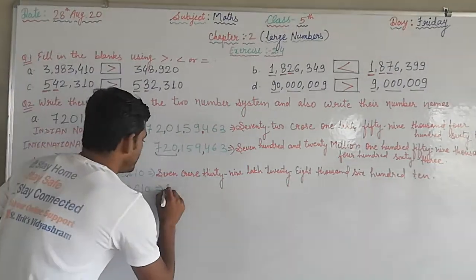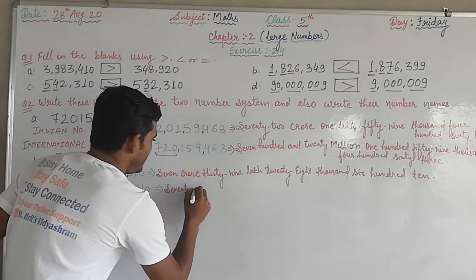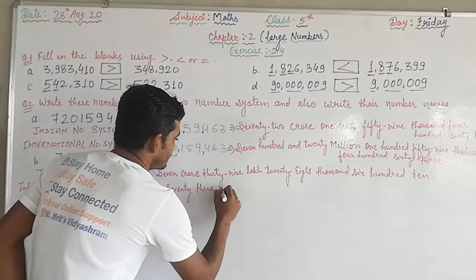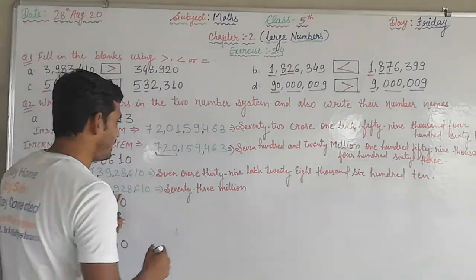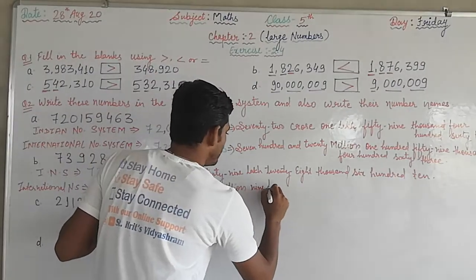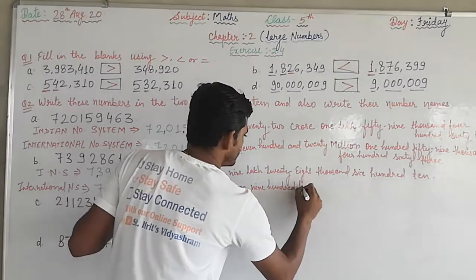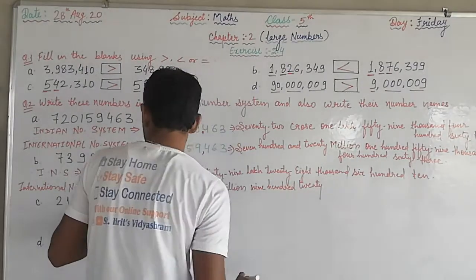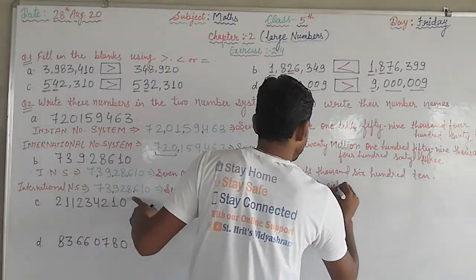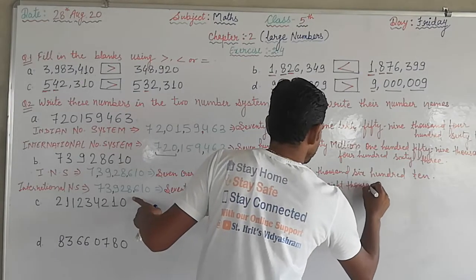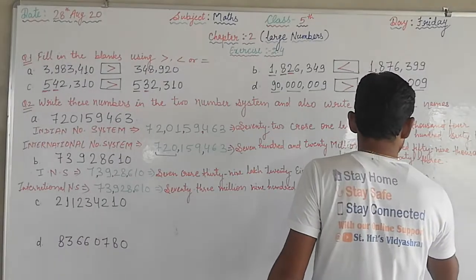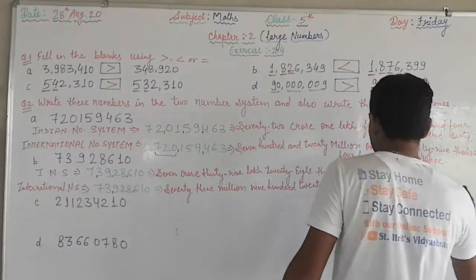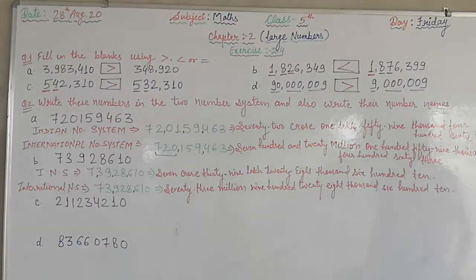That means 73 million, 610. In this way you have to write in the international number system.